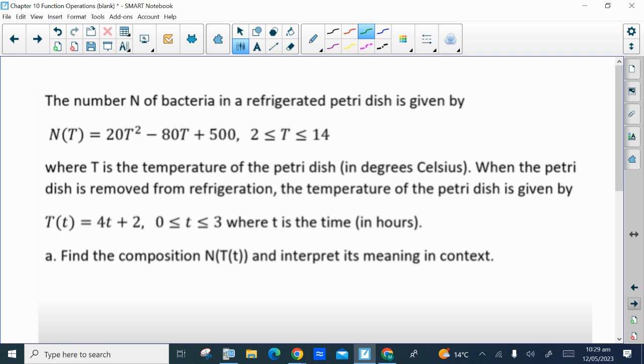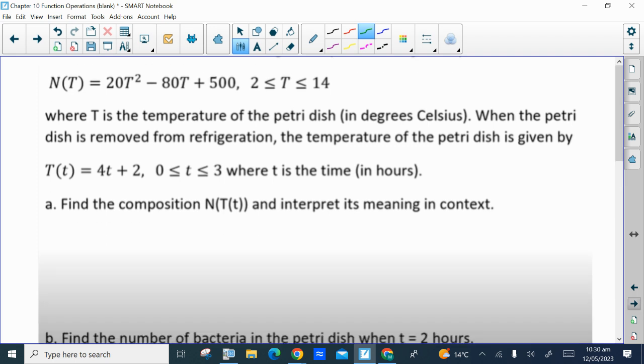So N is the number of bacteria in terms of T, the temperature. T, the temperature in terms of little t, time in hours, is 4t plus 2. We want to find the composition of N at T at t and interpret its meaning in context.